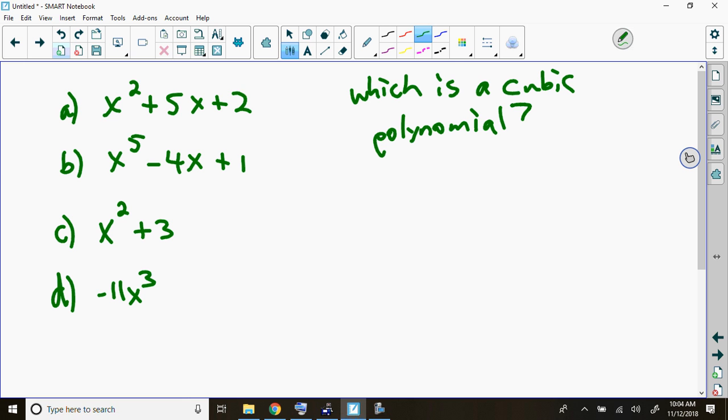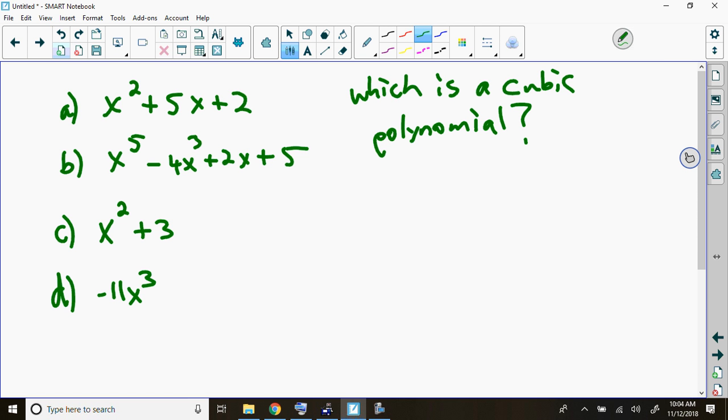And people get so hung up on the polynomial that they think, well, polynomial, that means it's got to have a bunch of terms. Maybe choice B should have had more terms in it. So they're looking for something that's got a lot of terms because poly means many.